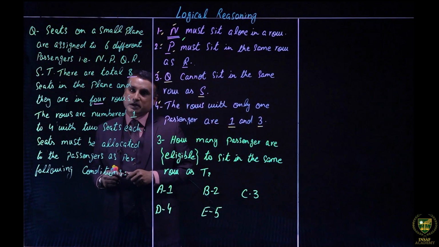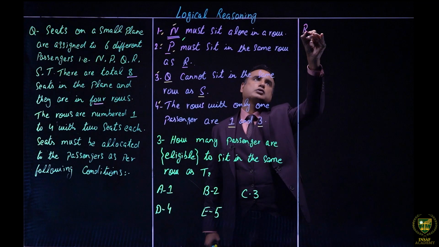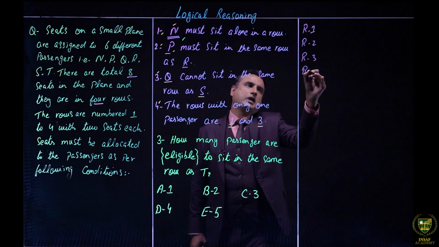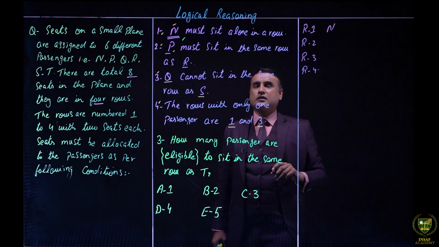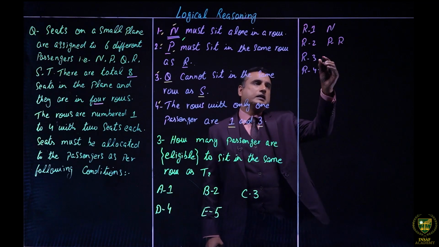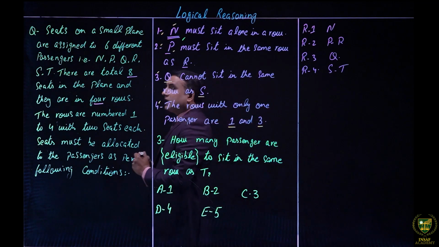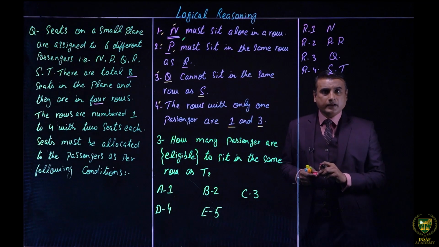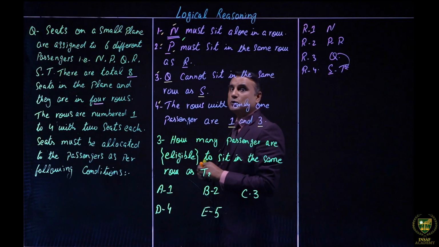We are talking about eligibility. अब वो एलिजिबिलिटी क्या हो सकती है, देखिए, if we talk about say row 1, row 2, row 3 and row 4. अब रो 1 में हमने पहले ही किया कि क्या होना चाहिए, N, यहाँ क्या होना चाहिए, P and R, यहाँ हमने क्या किया था, Q, और यहाँ हमने किया था S और T. If you go through this particular scenario, S can sit with T and Q can also sit with T. So eligibility कितनी होगी, 2 लोगों की.